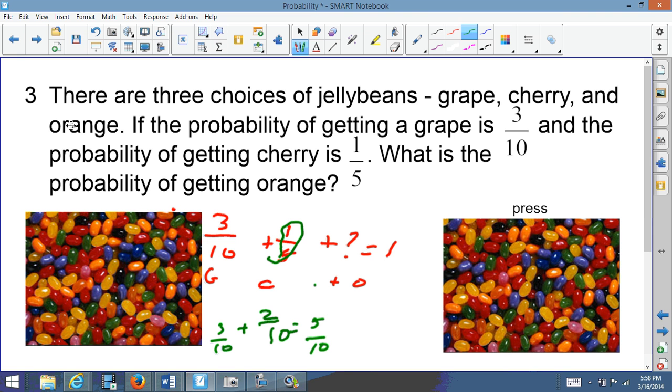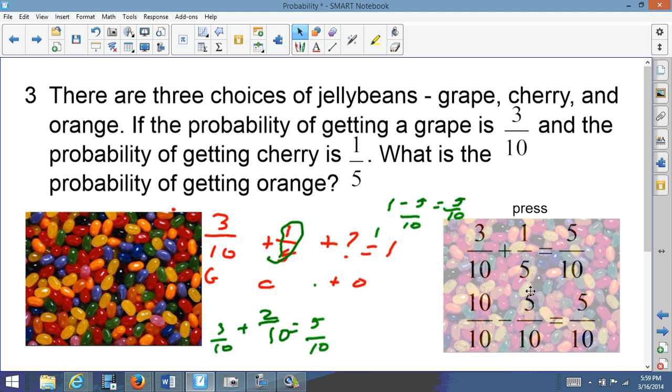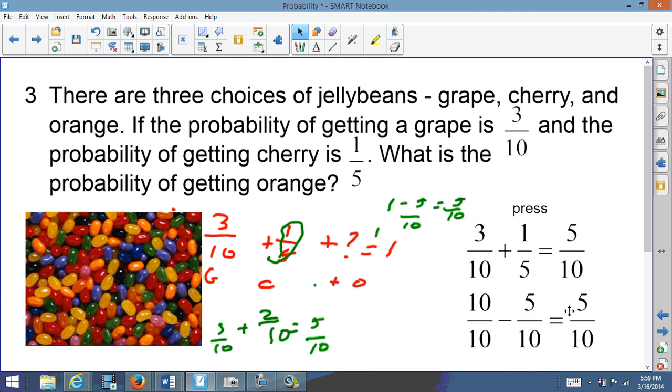And now all I have to do is take 1 minus 5/10, and 1 I know is 10/10, and that's going to give me 5/10. So my answer is, the chance of getting the orange is 5/10.